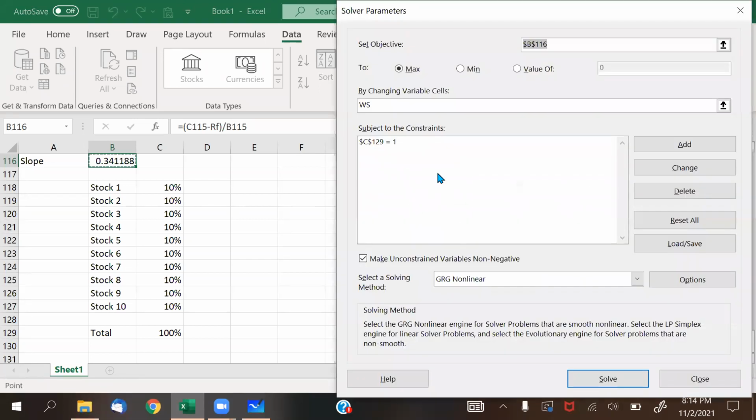If we don't have a short selling constraint, then this would be sufficient. But if you want to add a short selling constraint, then each proportion should not be less than 0, so it should be at least 0. Equal or larger than 0 if you want the short selling constraint, but otherwise just this is sufficient.